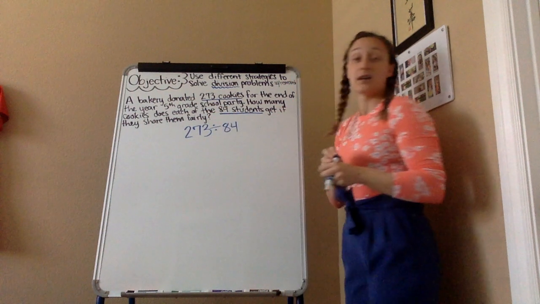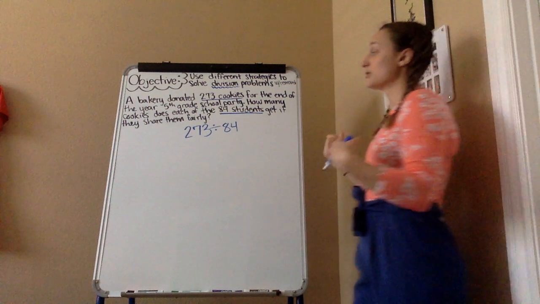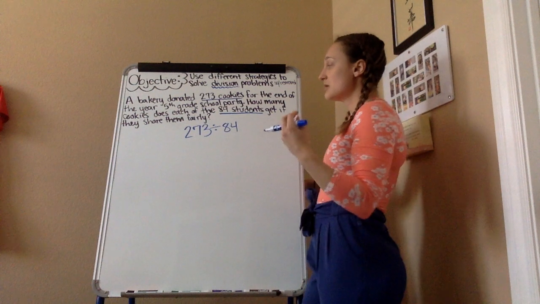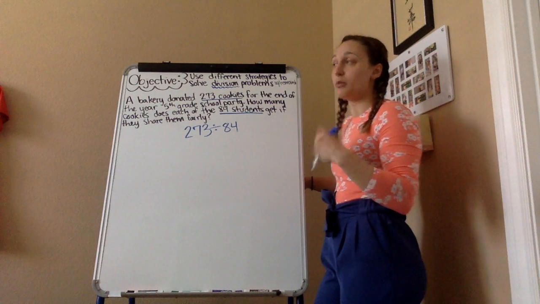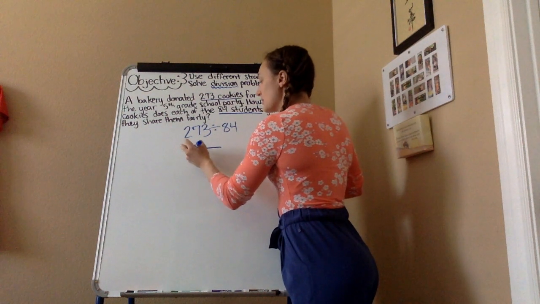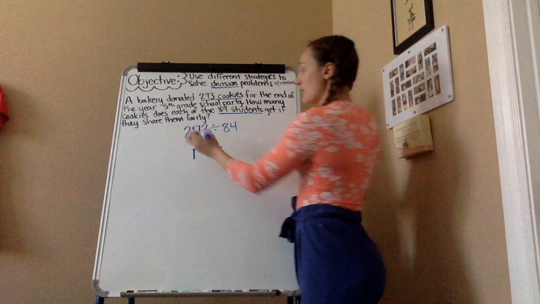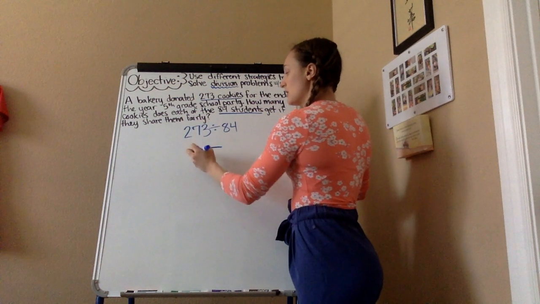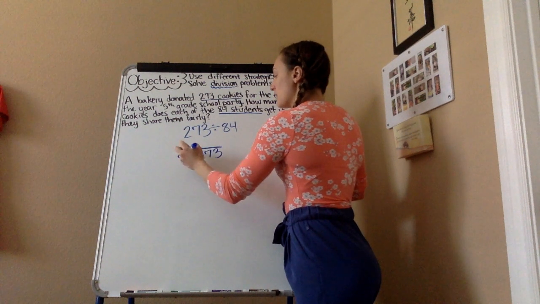Now, you can use different strategies to solve this, but judging from being with you for most of the year, most of you like long division, so I'm going to show you some tips and tricks for long division in this problem. You take the number you're starting with, 273, and you're dividing it by 84.